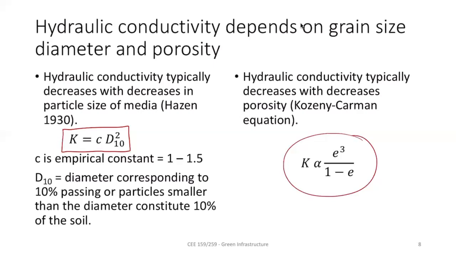So this is a very famous equation, the Kozeny-Carman equation. It states that hydraulic conductivity is directly proportional to the porosity cubed, e^3, divided by 1 minus porosity. So you should use either of those two equations to understand how your design factors are going to influence the net hydraulic conductivity of the media.